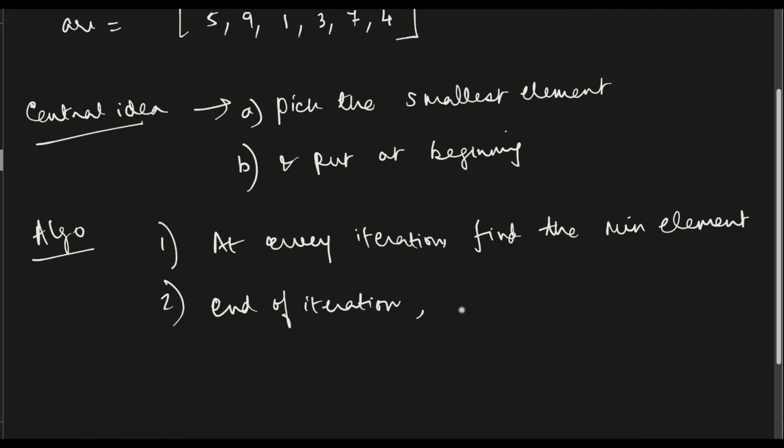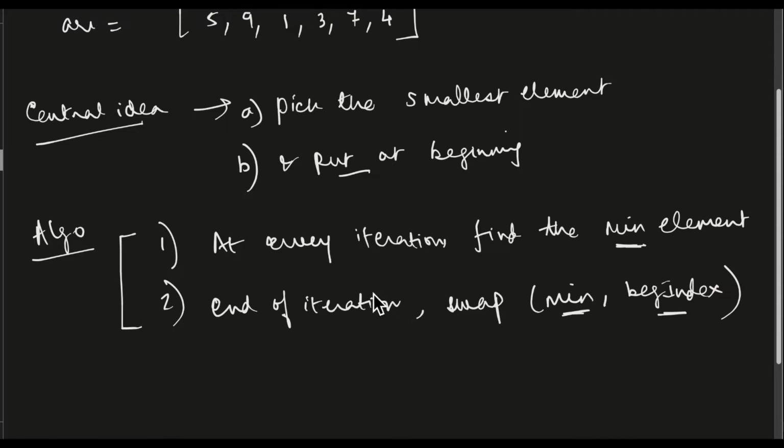At the end of the traversal, we have to put this minimum element at the beginning. So we can use a swap method, where we swap the minimum element that we have got with whatever the beginning index is. So I'll just write: swap the minimum element and the element at the beginning index. In that way, we are putting the minimum element that we have collected so far and pushing it to the beginning of the list. So that is all we have to do.